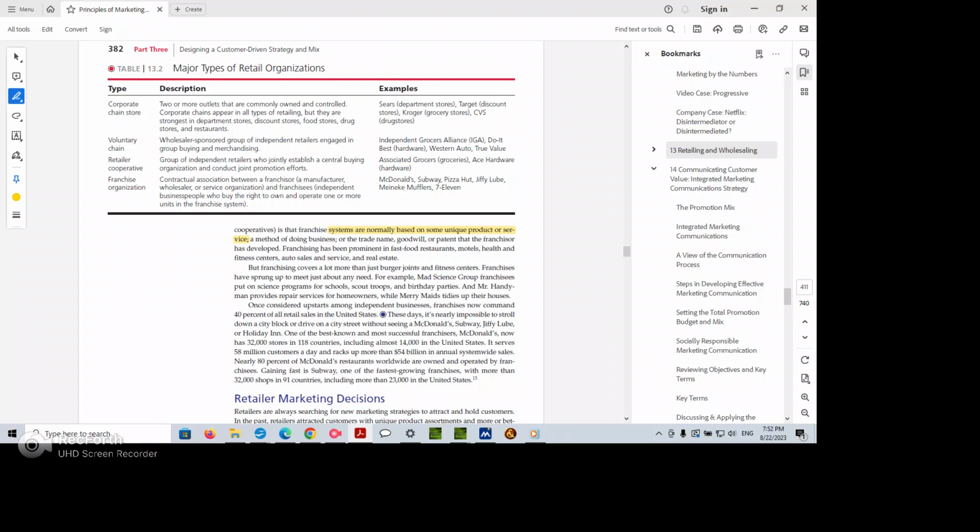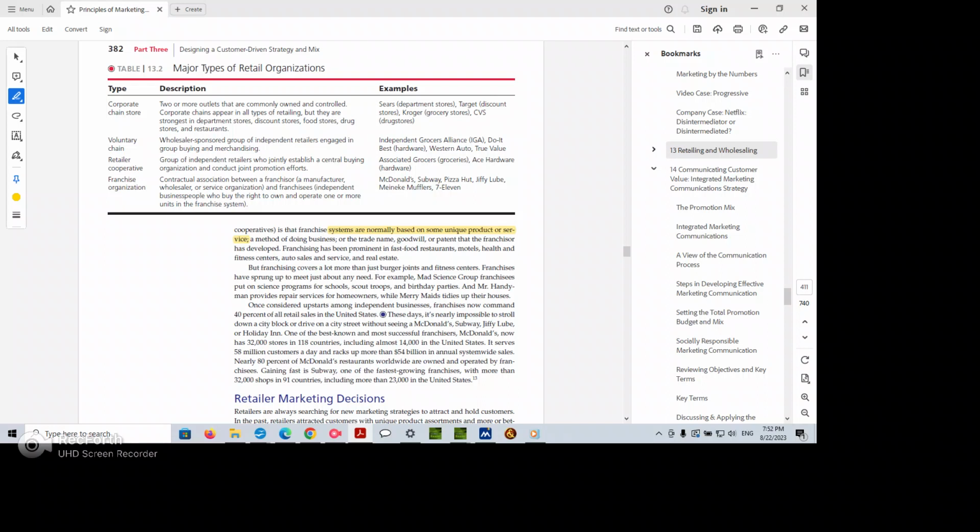Franchising covers a lot more than just burger joints and fitness centers. Franchises have sprung up to meet just about any need. For example, Mad Science Group franchisees put on science programs for schools, scout troops, and birthday parties. Mr. Handyman provides repair services for homeowners, while Molly Maid tidies up their houses.